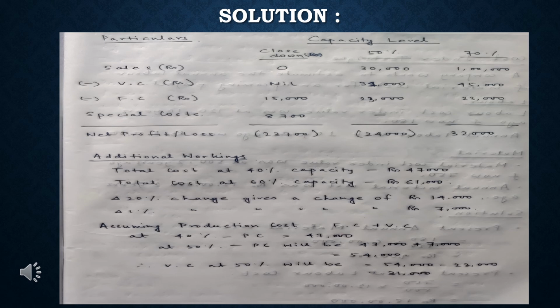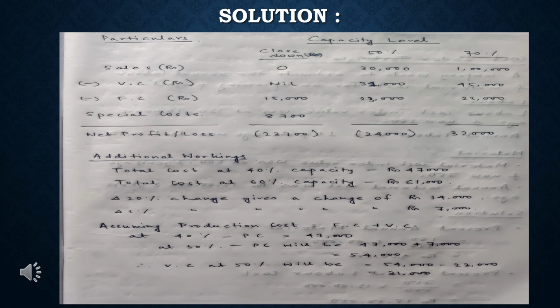So a 20% production change gives us a change of 14,000, and most importantly, a 10% change should give me a change of 7,000.